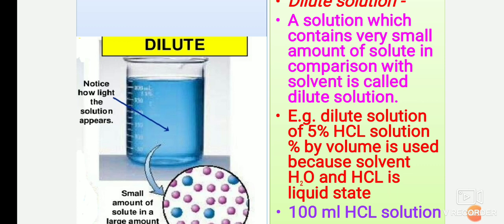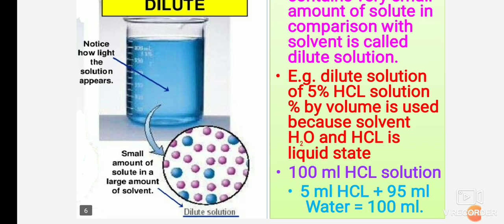For example, a dilute solution of 5% HCl solution percent by volume is used because solvent, water and solute HCl both are in liquid state.